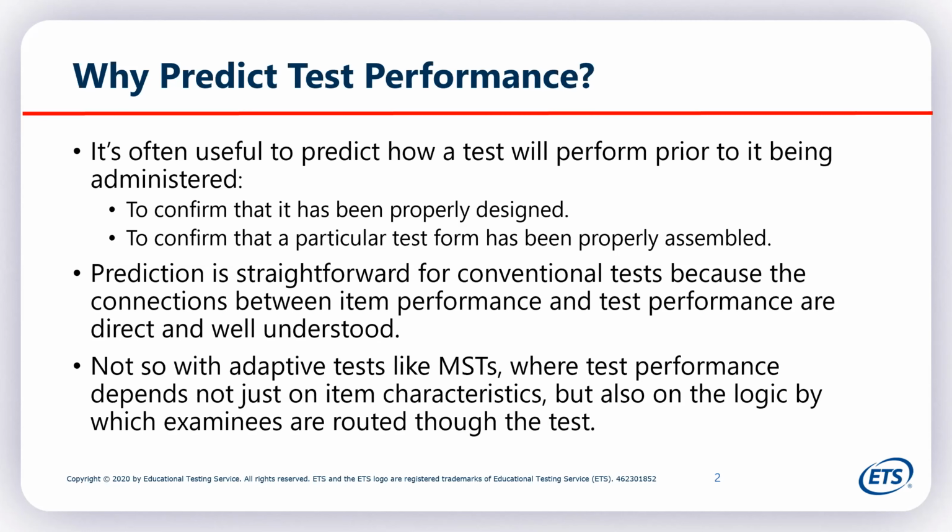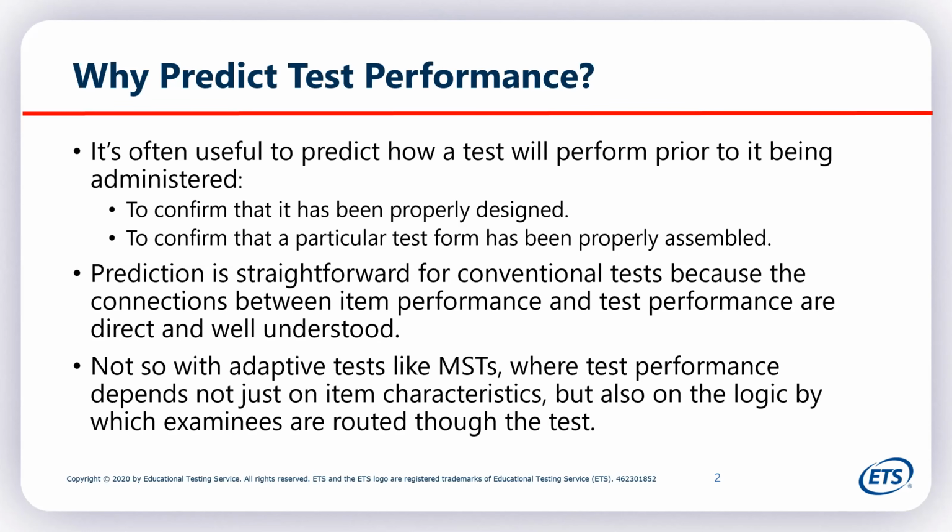So that prediction is fairly straightforward for conventional tests, non-adaptive tests, because the connections between item performance and test performance are pretty direct and well understood. So that, for example, if we've got a test comprised of items with an average p-value of 70, we would expect that once we administer that test, the mean score will be about 70% correct across the examinees who take it.